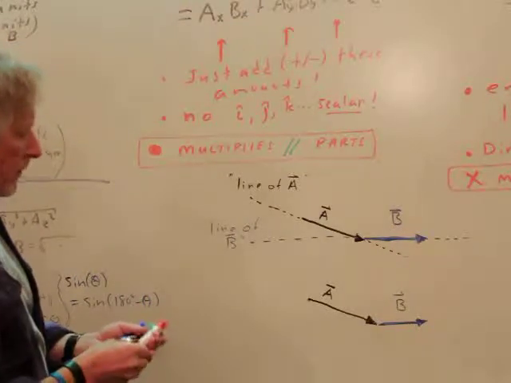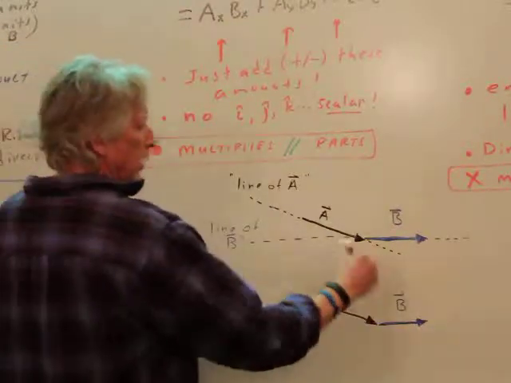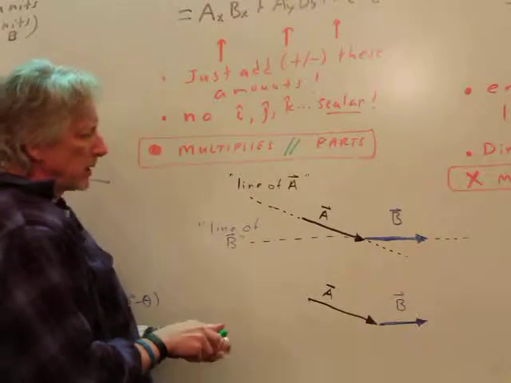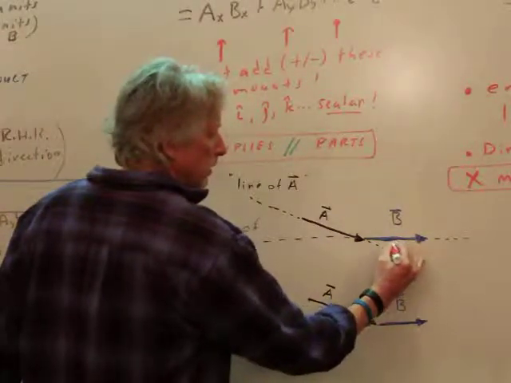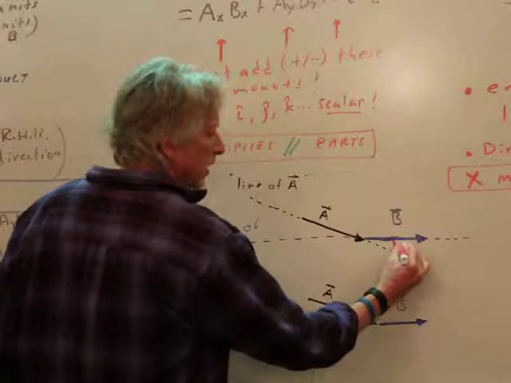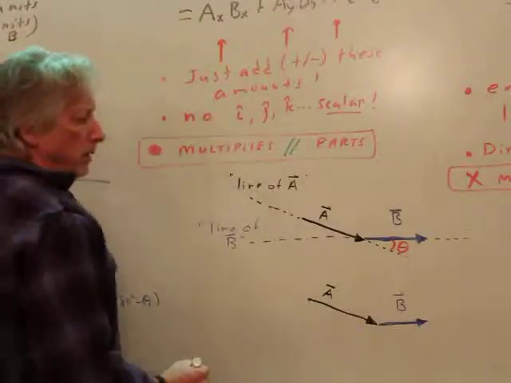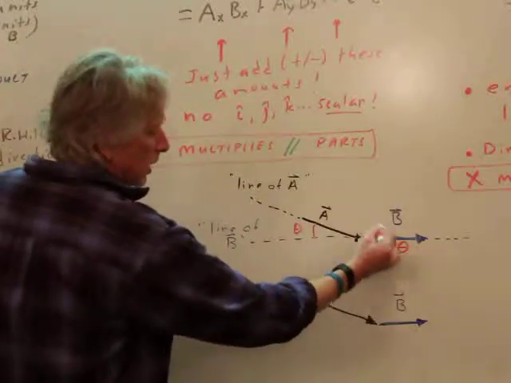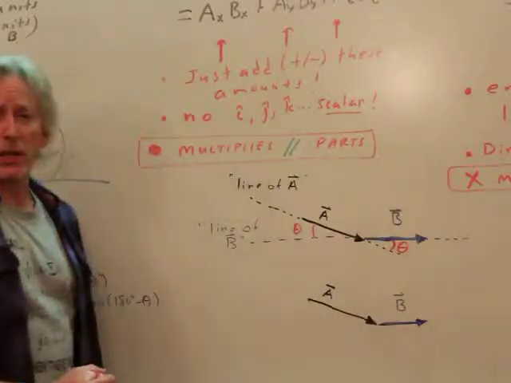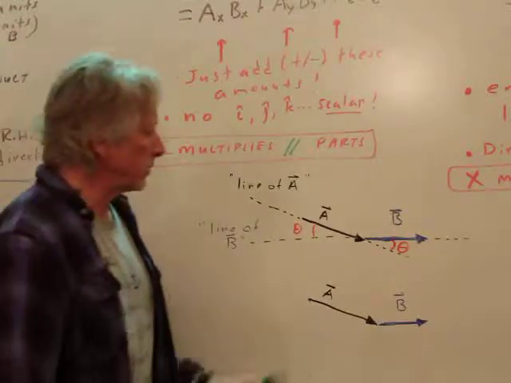Well, if I take the line of A and the line of B, I can see that the angle between the line of A and the line of B is here. This right here is the theta that I'm talking about. And notice, of course, it's back here too, and that's 180 degrees, so this is the complement of the angle, just simple geometry.